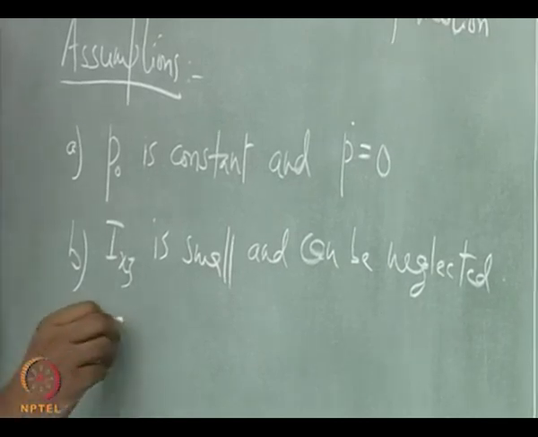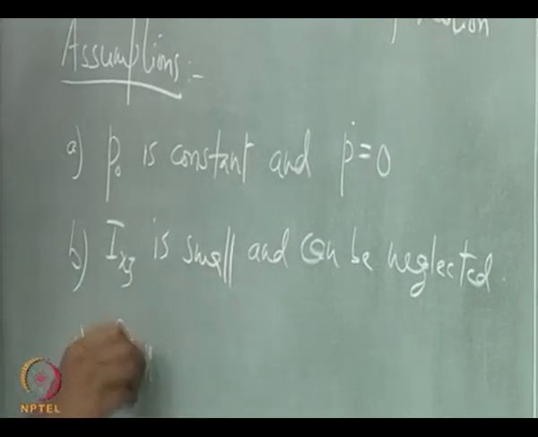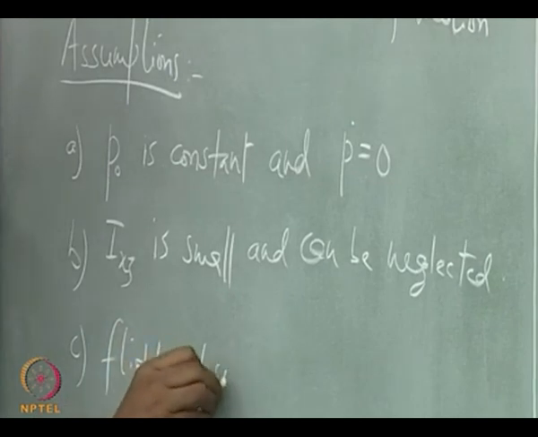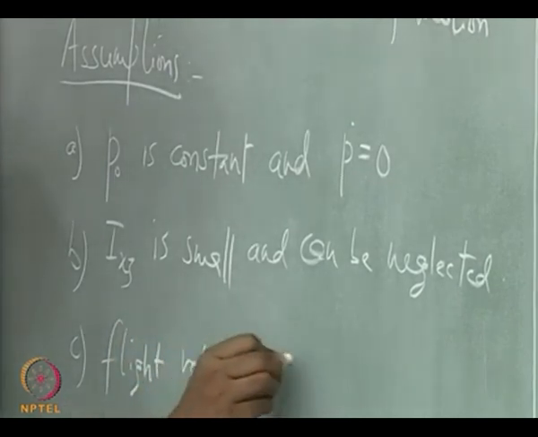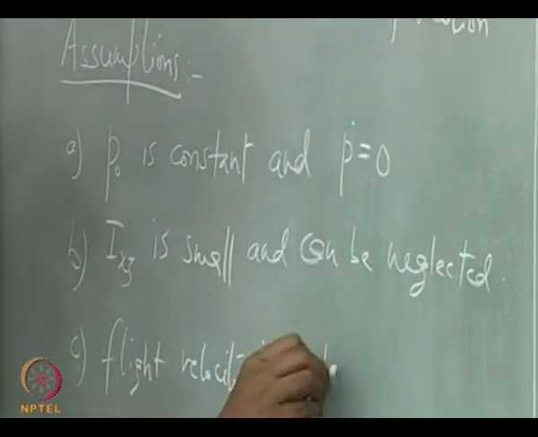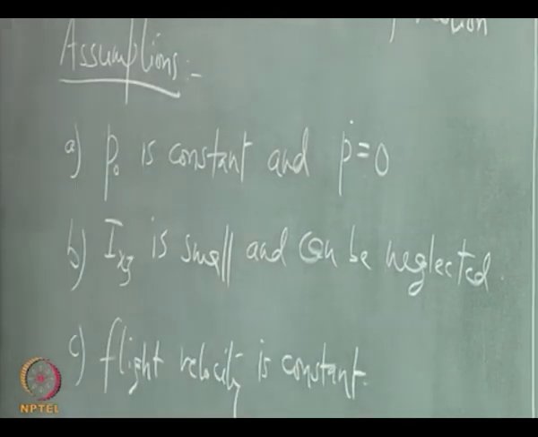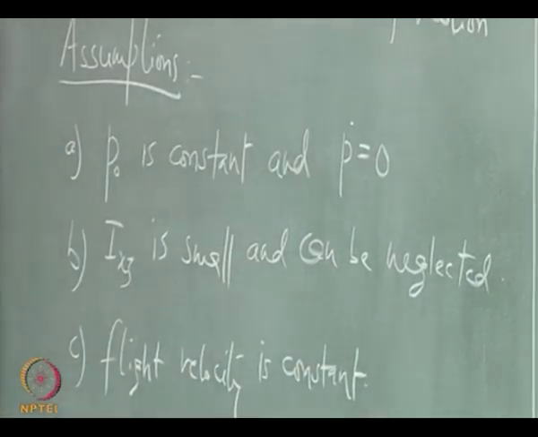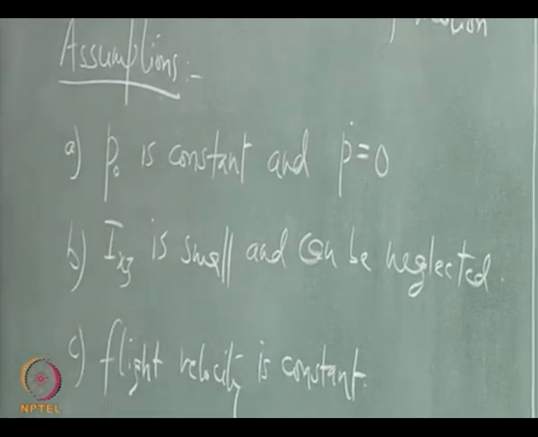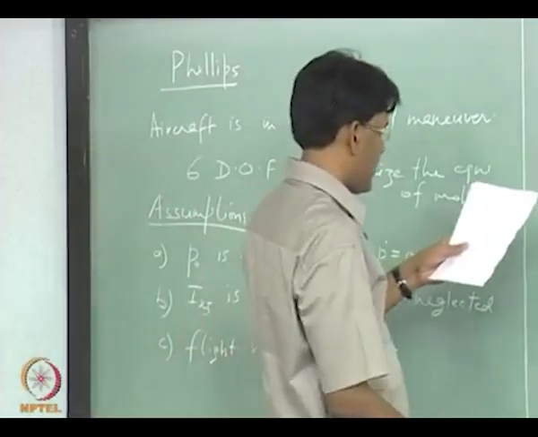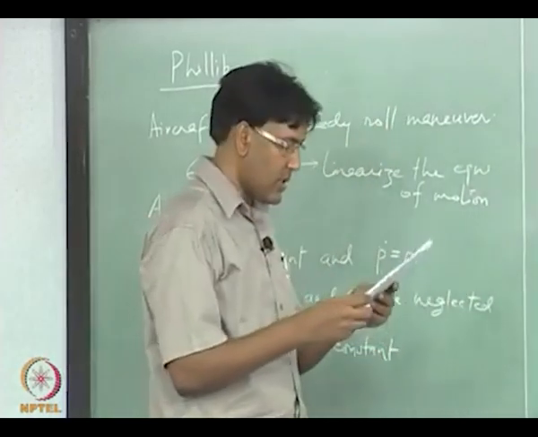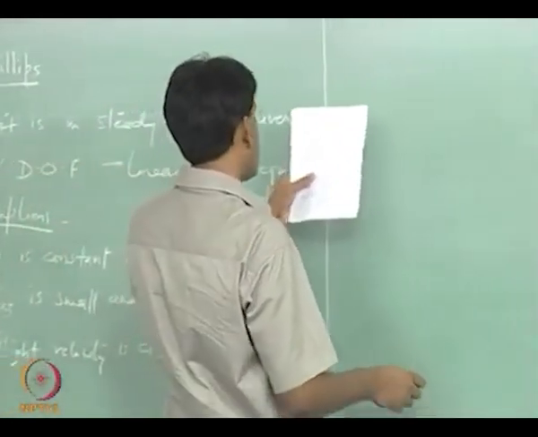C, flight velocity is constant. Okay. He further assumes that the damping terms are 0 and some other terms as well.